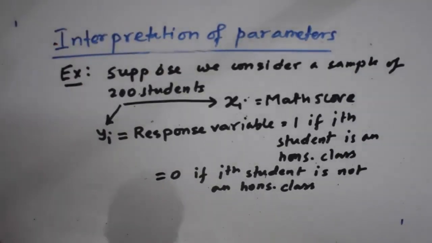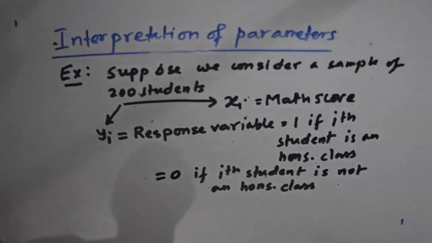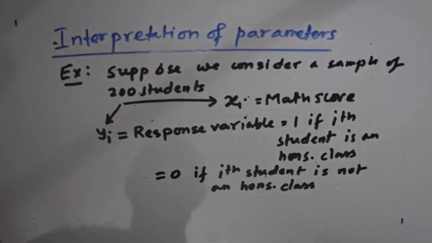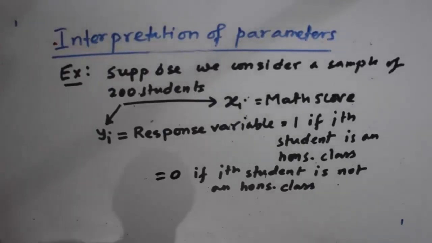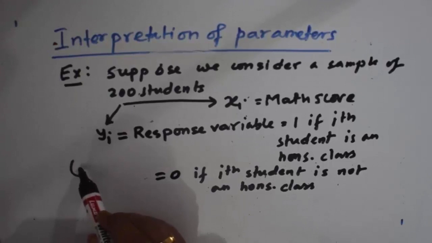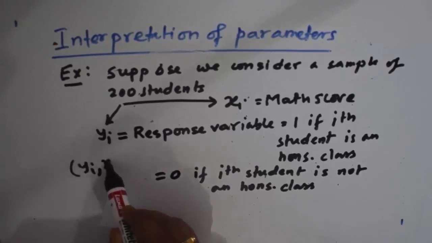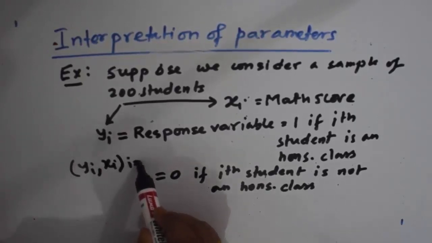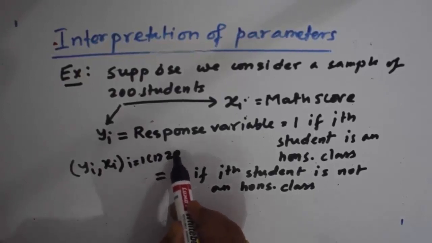One is the response variable, that is 1 if the ith student is in an honors class, and 0 if not. And another is the math score of the ith student. So we have 200 paired observations.